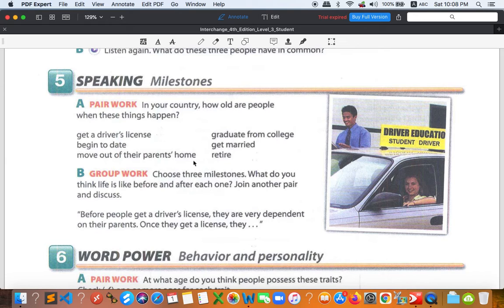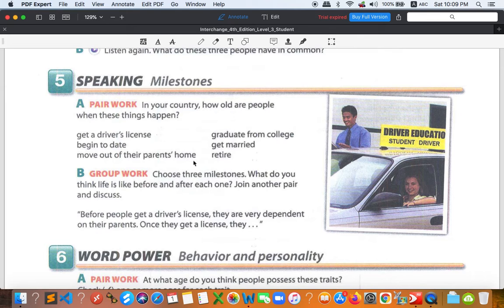They can rely on themselves. But if you talk about our country, usually they will leave whenever they get married. So what about you? Think about that. When will you move out of your parents' home? Get married or get a first job or what?